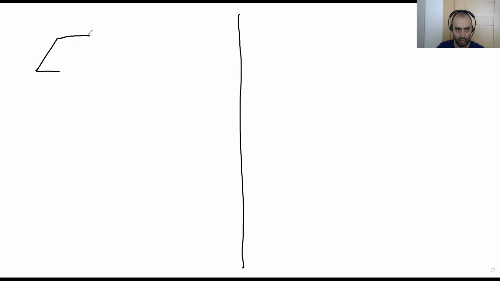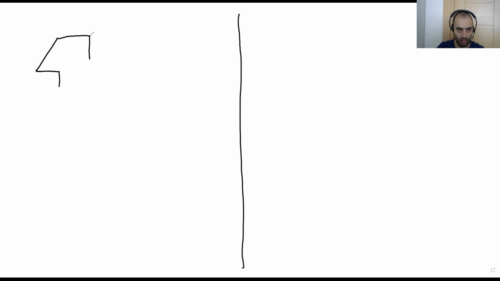Let's do it this way. Okay, I'm going to draw our question screen. Here we have a triangle. Okay, triangle, and here a lateral horizontal line. This goes down.